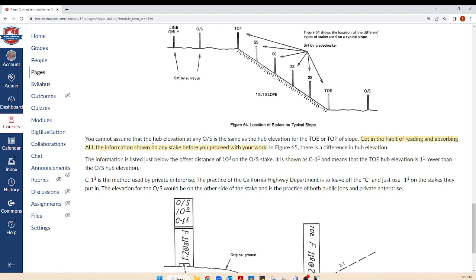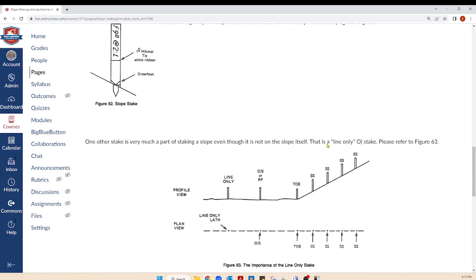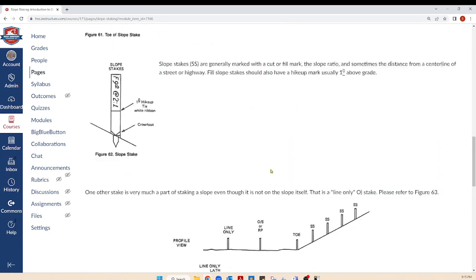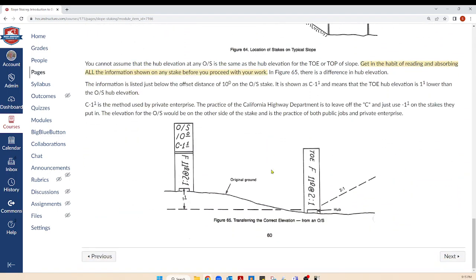Okay. You cannot assume that the hub elevation at any offset is the same as the hub elevation for the toe. This is what he's talking about. In this case, the hub elevation for the offset is level with the hub elevation for the toe or the top in this case. So what we have to do in this case, obviously, here is your hub for the offset or the reference point to slope stake.